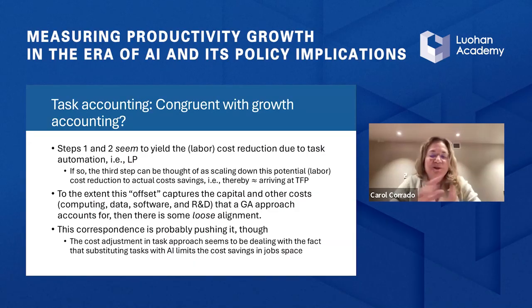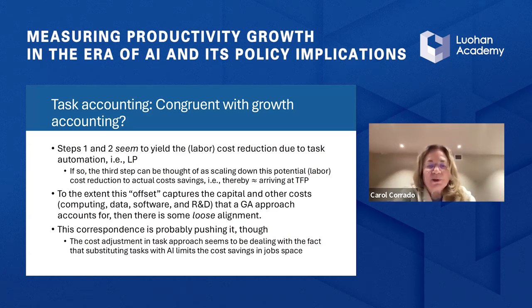And that's the sense in which you have a relationship, in a macro sense, to what growth accounting would get you to. But I think you'd have to say that that correspondence is pushing it. They certainly don't talk in those terms, and I've read most of these papers.